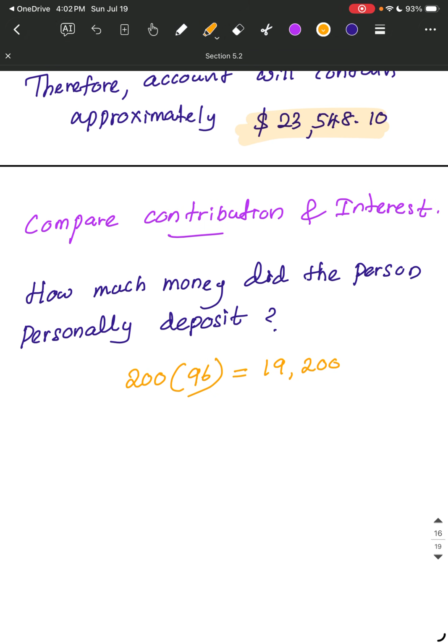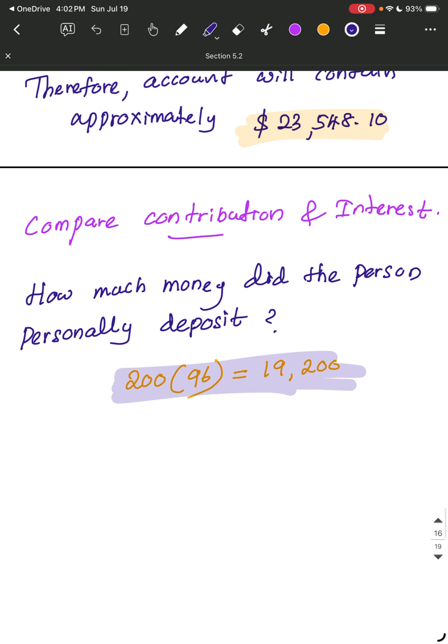Therefore, interest earned is 23,548 and 10 cents minus 19,200. The earned interest value is 4,348 and 10 cents. So approximately $4,348 came from interest.